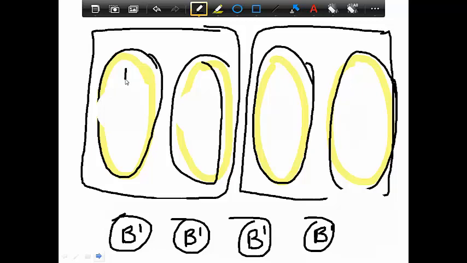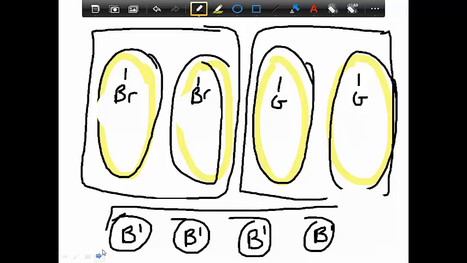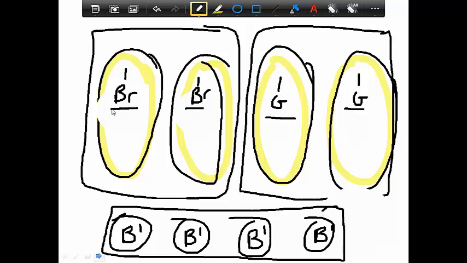But the dad, on his chromosome number 1, has from his mom green eyes, and from his dad brown eyes. So chromosome number 1, we're not talking about X or Y here, carries the trait for eye color. The mother can only give blue eyes, but the dad could give green or brown.